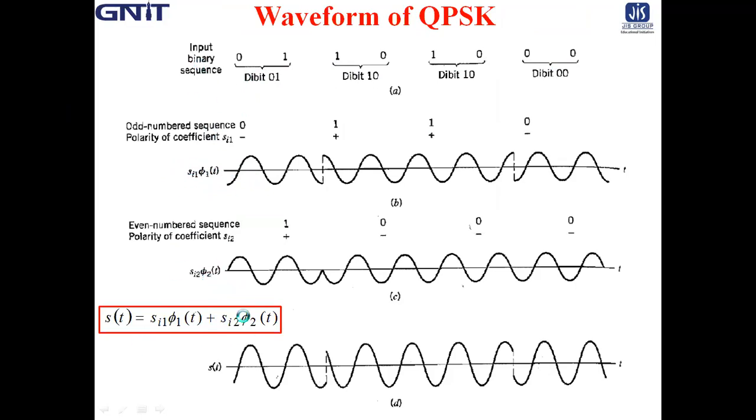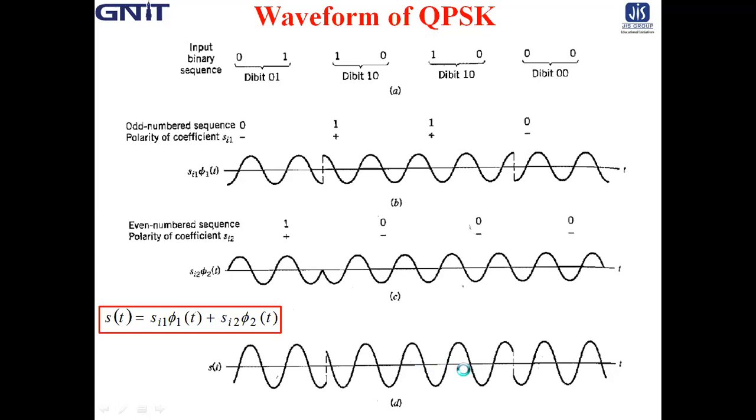Ultimately, the QPSK waveform is the sum of these two, si1 phi 1 of t plus si2 phi 2 of t. That means if two bits are changing, in the first dibit 0, 1 and second dibit 1, 0, then the phase difference is pi. If one bit is changing, then the phase difference is pi by 2. And there may be no bit change, in which case there is no phase change.